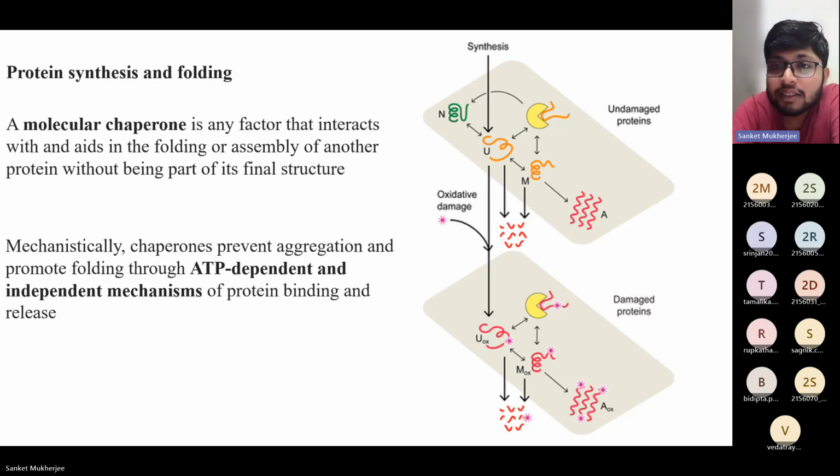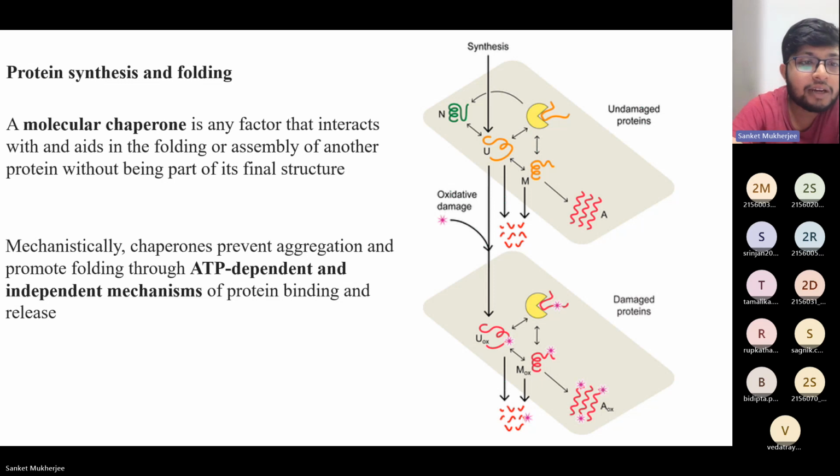Even Huntington's happens at a late onset, once you age. If you even leave Huntington's out of this picture, at least Parkinson's and Alzheimer's always happen once you age. So definitely, loss of proteostasis, the proteostatic machinery, plays a good role in aging, right? That we can say.